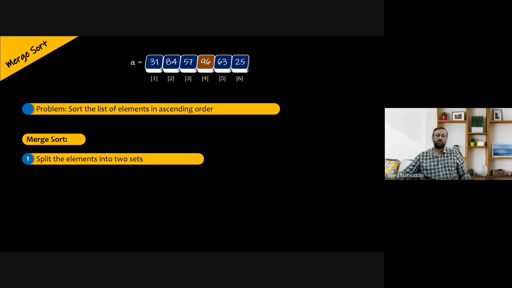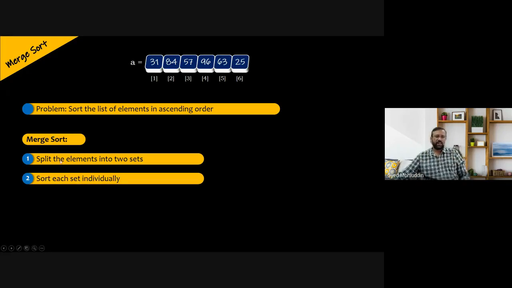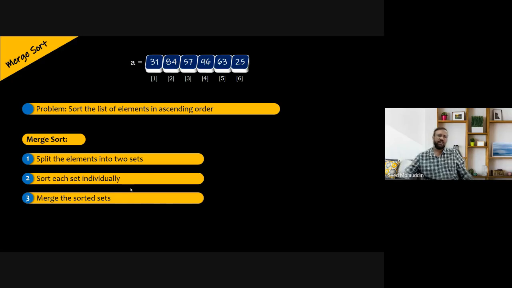These subsets are non-overlapping. Each set is individually sorted, and then we merge these 2 sorted sets to get the original sorted set.